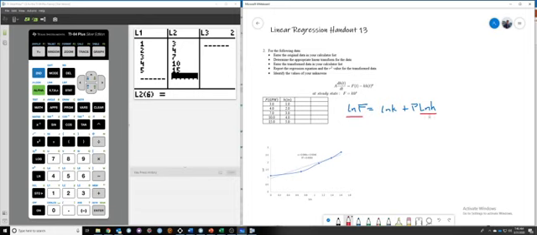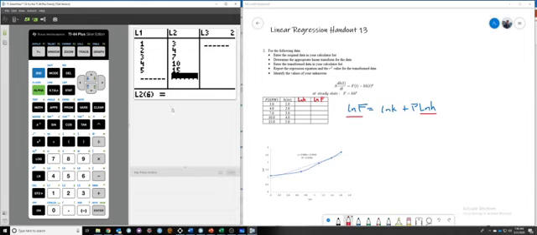So in one of these I will take the Ln of h, and on the other one I'll take the Ln of f. I'm going to do this for each one of my data points in this table, and I'll do that in our calculator over here for L3.